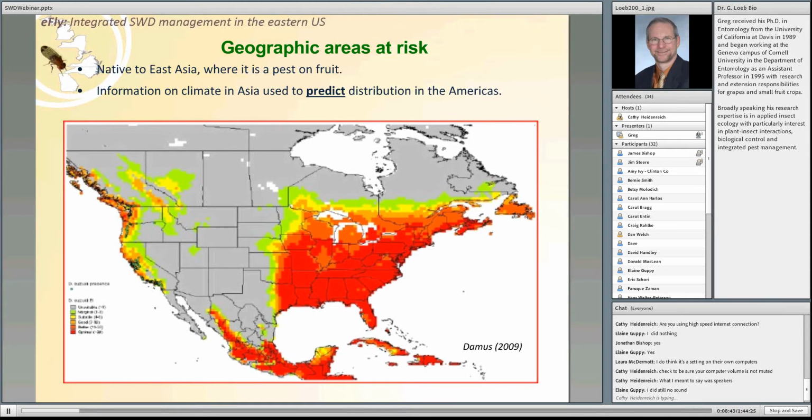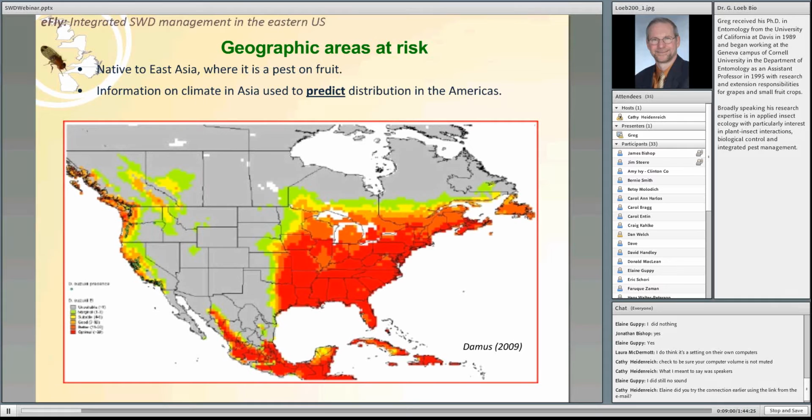Now, spotted-winged Drosophila is originally from the Asian area. It has a fairly wide distribution in Korea, China, Japan, and the Asian subcontinent. It first showed up in North America, in California, in 2008.